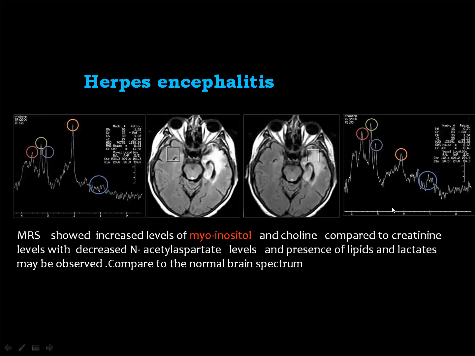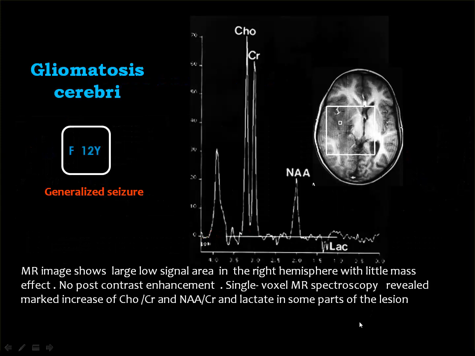In the spectroscopy of herpes encephalitis, you get lipid and lactate peaks, and you get depression of the N-acetyl aspartate and some elevation of the choline and myoinositol. Forget about this myoinositol, but this is the difference between a similar lesion, and this is glioma.